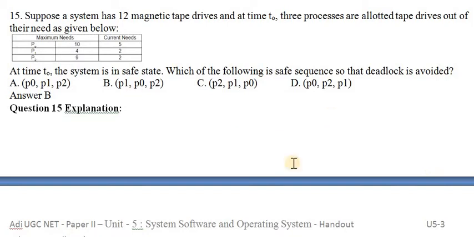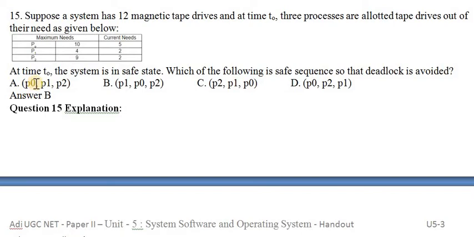In this case, we have the maximum need, the currently allocated resources, and some resources in hand, and with the help of that we want to complete all the jobs. If the required number of resources at any particular time for any particular process is available, then we can complete it; otherwise it leads to deadlock.